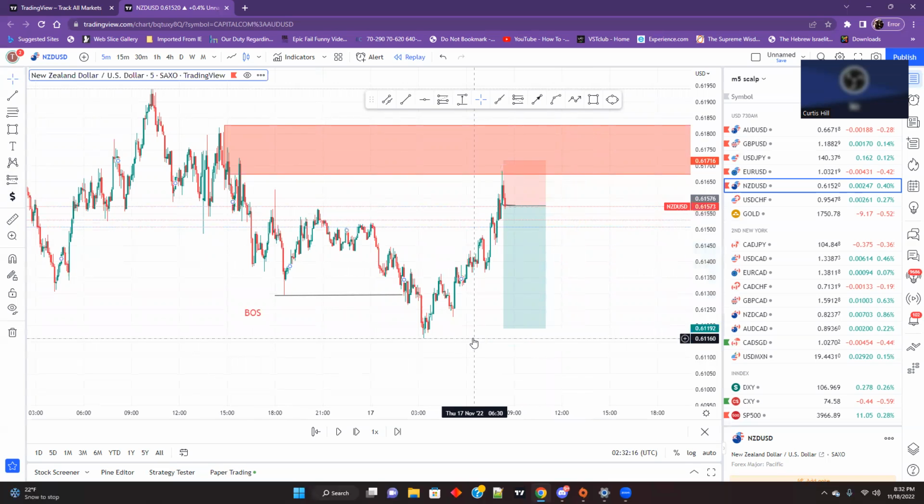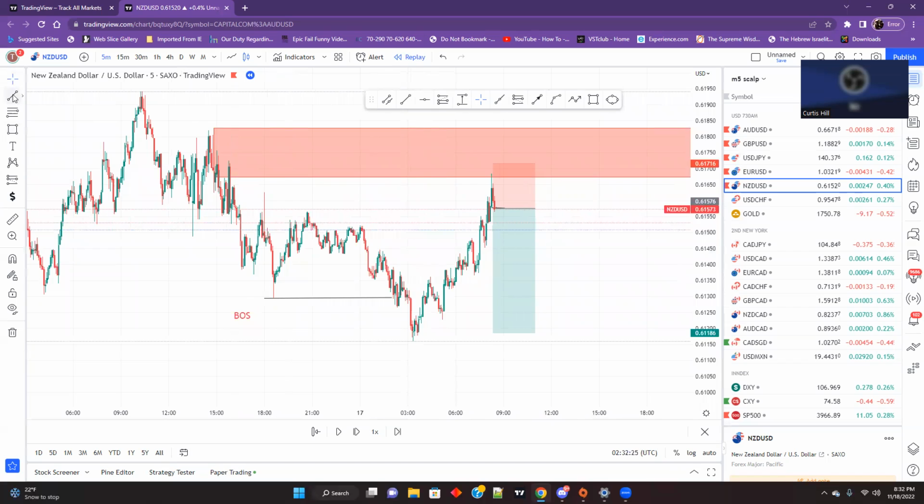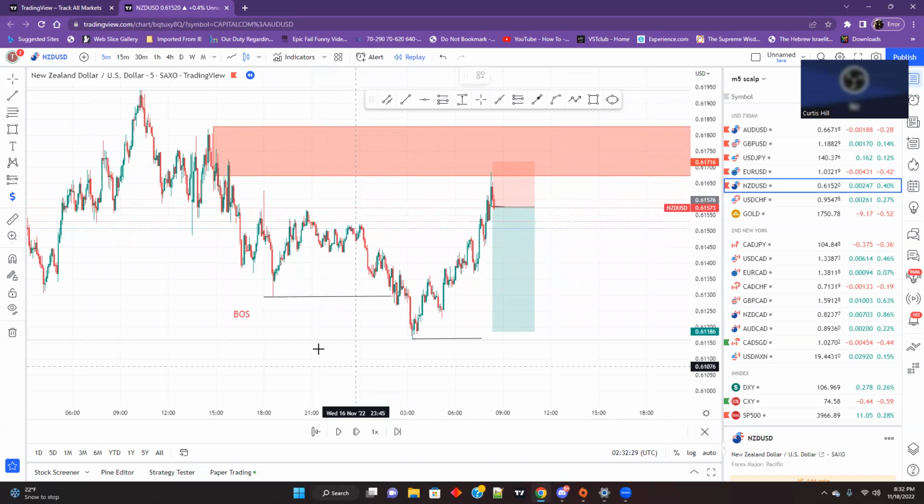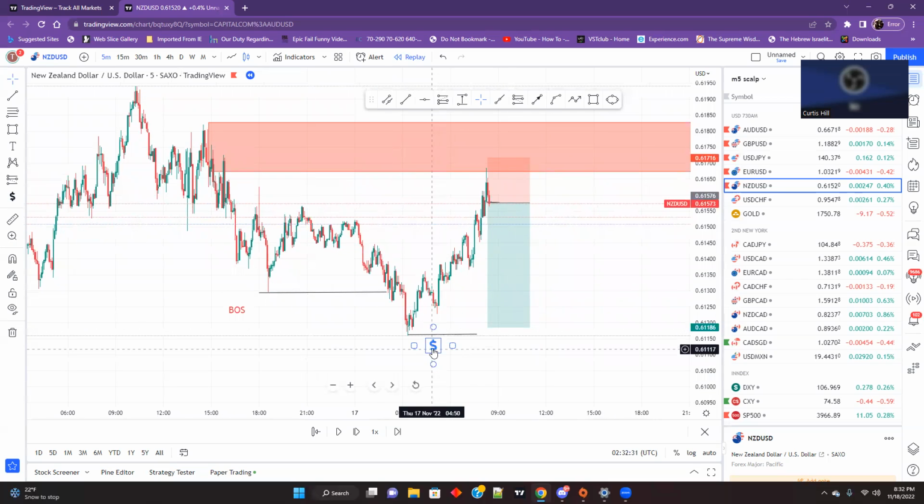Some trades are not in confluence with the higher time frame. This was, so I was able to get away with coming back down to the lows. After it's the breaker structure, and then down here is liquidity. I already know it's liquidity right here after this move.